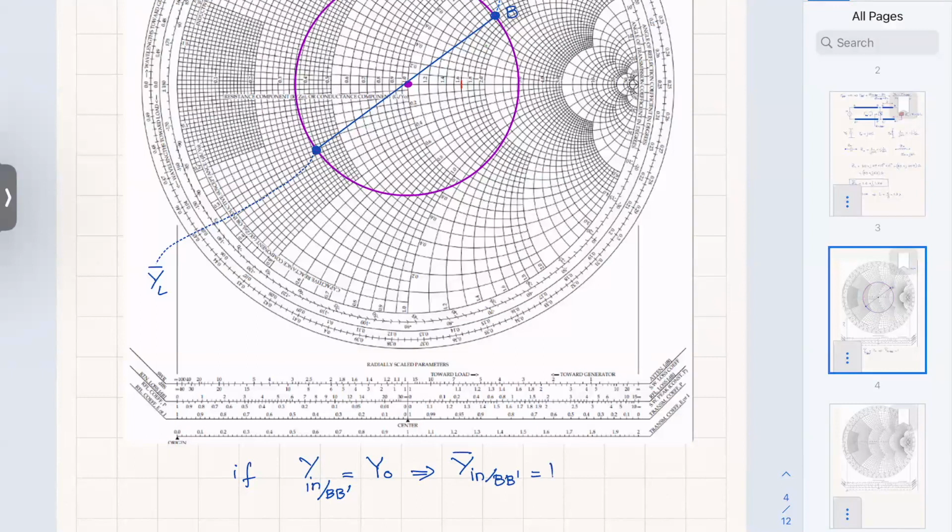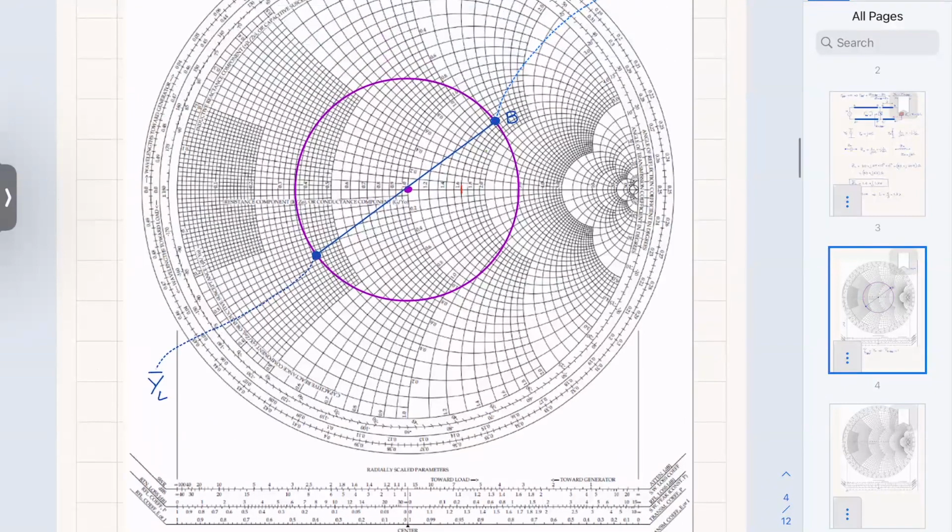Is that true? Which means that it's going to become a real number. Therefore, I have to move around this purple circle until I find the real circle that corresponds to 1. What is the real circle that corresponds to 1? This one.